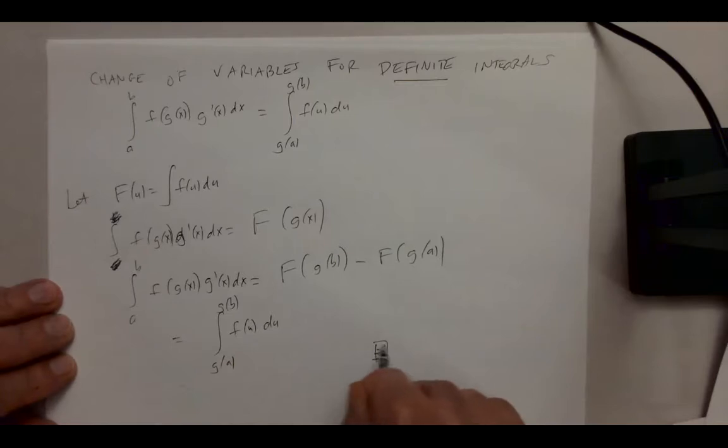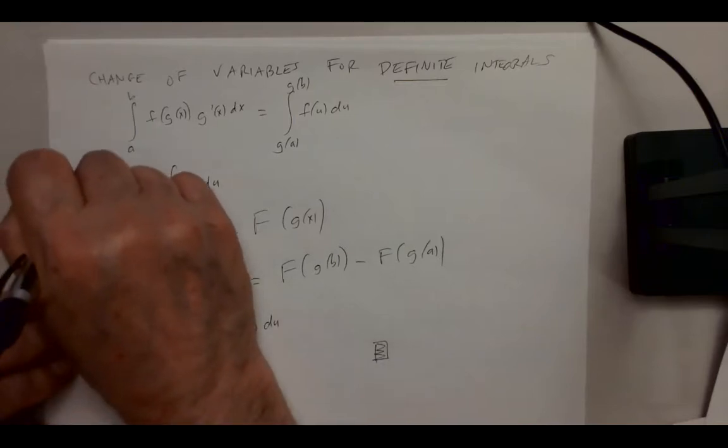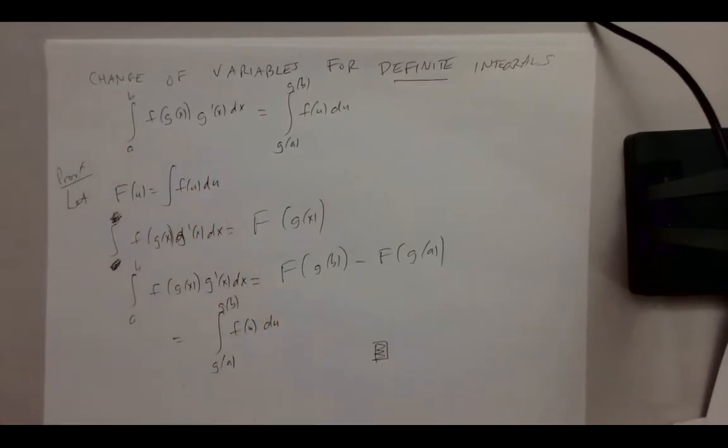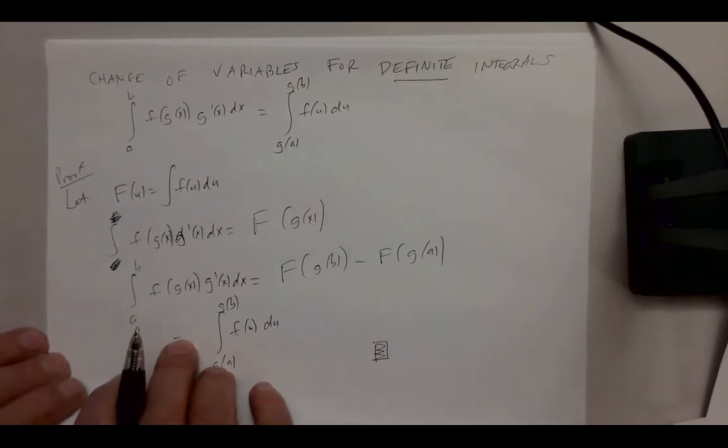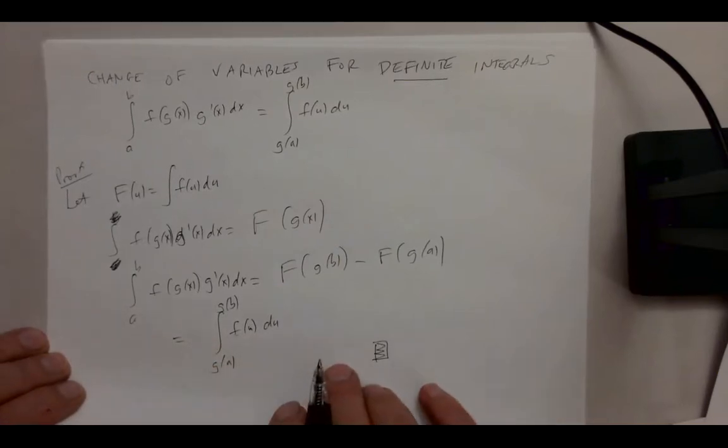So that is a little proof. And in Math 176, we like to show you the proofs, but you don't have to know them. What you have to know is how to apply them.